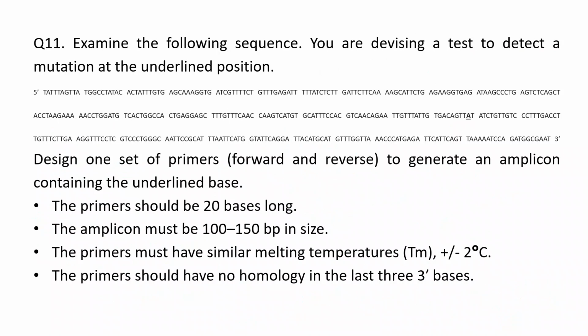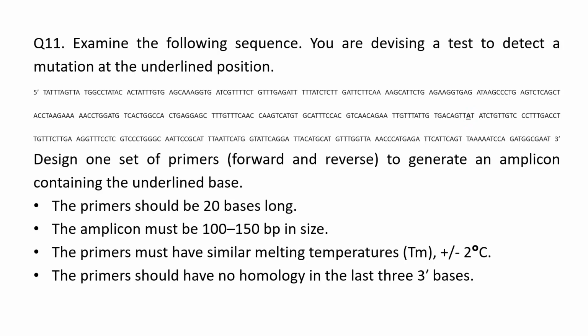So this is a sequence which is given. What I want you to do, you can take it as an assignment: design one set of primers, forward and reverse, and generate an amplicon such that it contains this underlined A you are seeing.